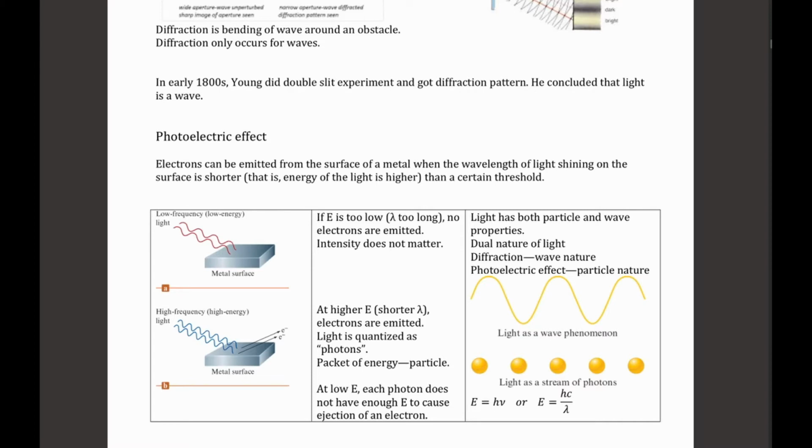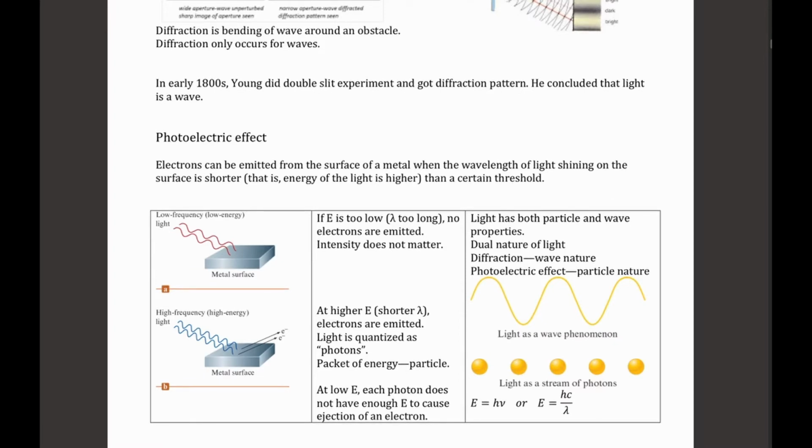Looking at the upper diagram on the left, we have a metal surface and light shown by the red wave hitting it. If the wavelength is too long, or we could say the energy is too low, or the frequency is too low, then there just isn't enough energy in the light to cause electrons to be emitted from the metal.